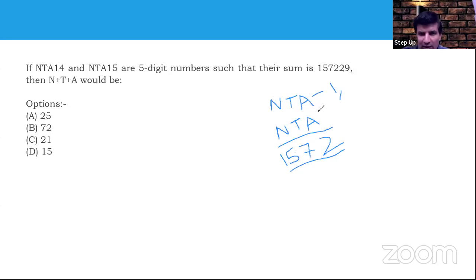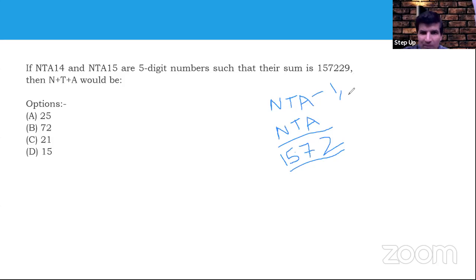What if it's 2? 2 plus 2, 4, so obviously it cannot come. 3 plus 3, 6, again not possible. 4 plus 4, not possible. 5 plus 5, not possible. But what if it's 6? 6 plus 6 is 12.